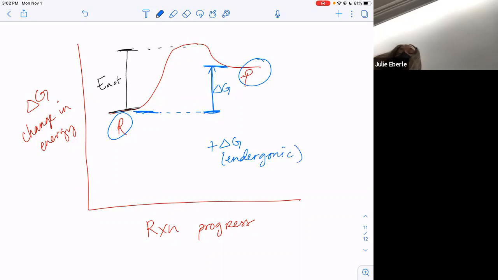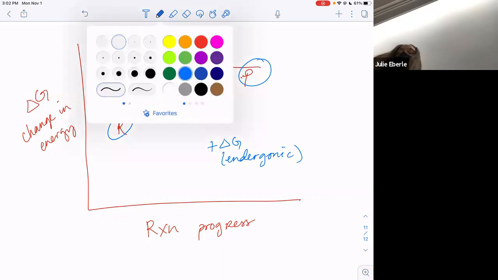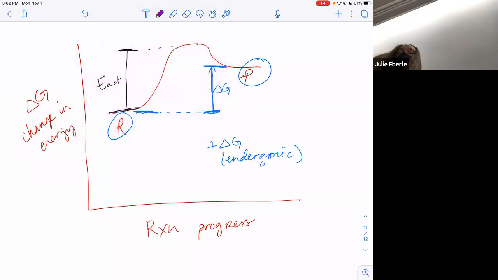So if the reactant was higher than the product, then that would be right. So let's draw another diagram. Here, I'll do it. Could y'all see it if I do it in purple? Is that a different enough color? So we have the same activation energy, but then our products were way lower in energy, like down here.